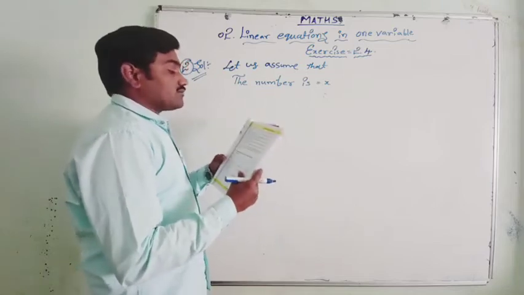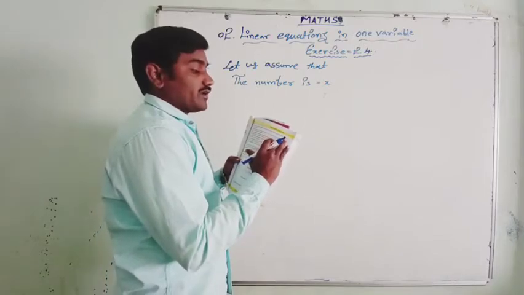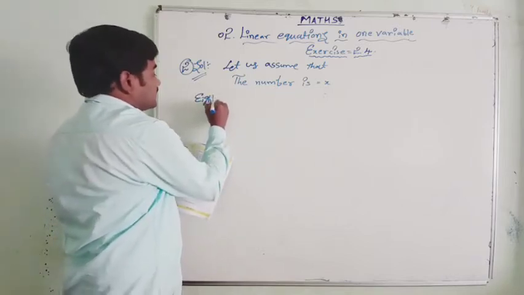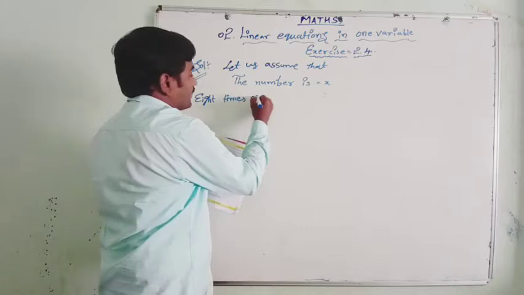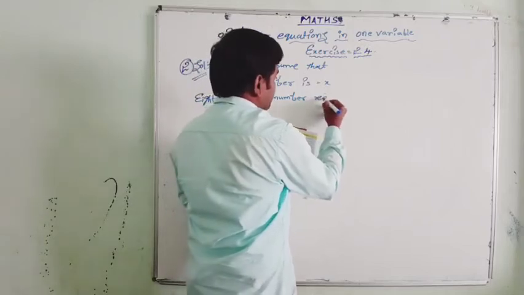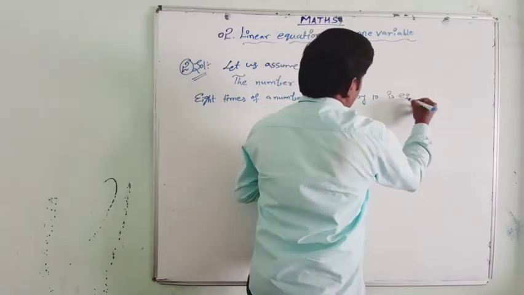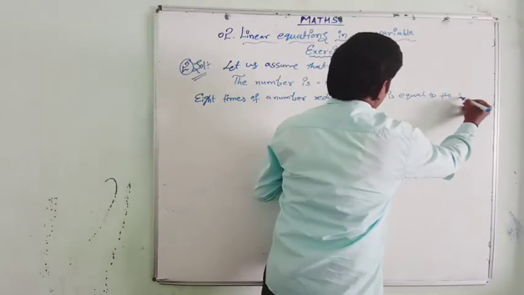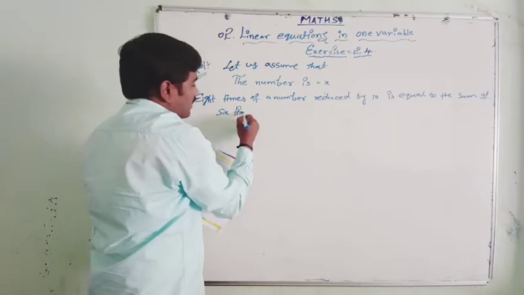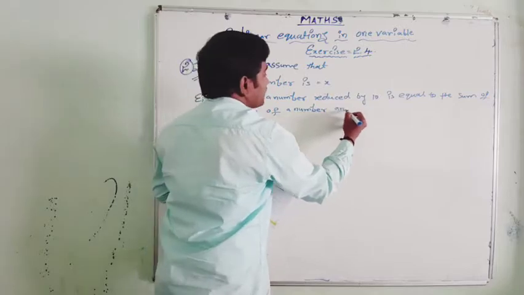So here they have given a statement: 8 times a number reduced by 10 is equal to the sum of 6 times the number and 4.